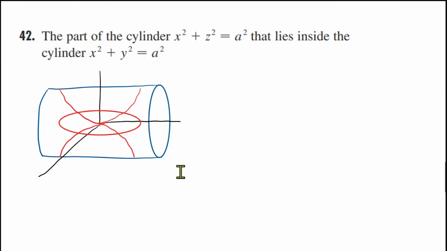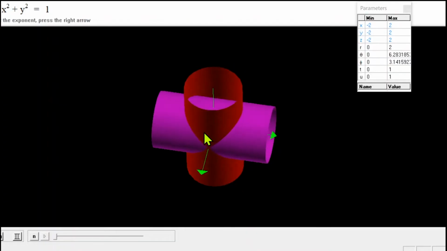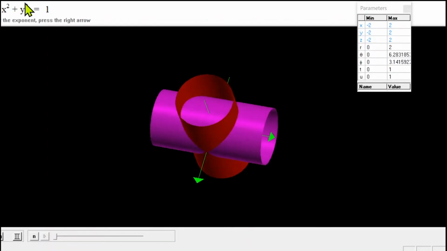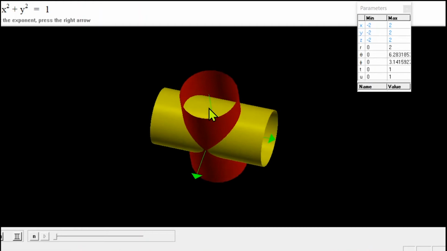Do you kind of see that top part, that if you cut this cylinder out with a cookie cutter, you know what I'm saying? I don't know how else to show it to you other than that part right there. I'm going to make the cylinder yellow so it's easier to see. That part is what we're trying to get.